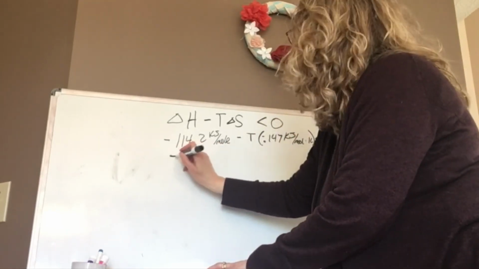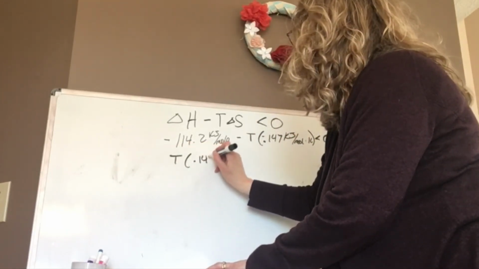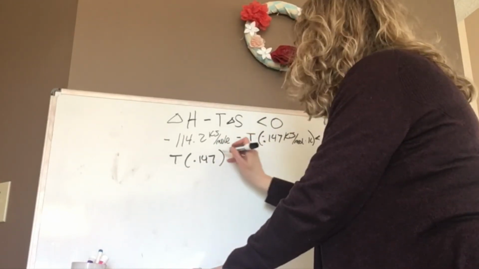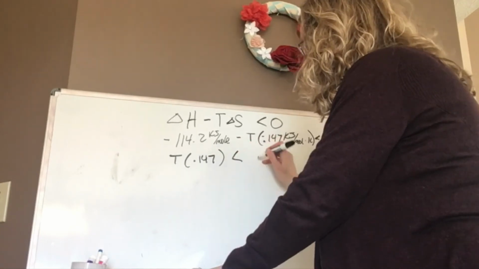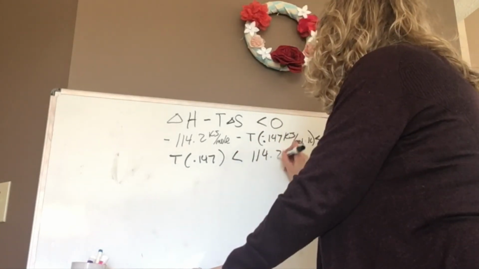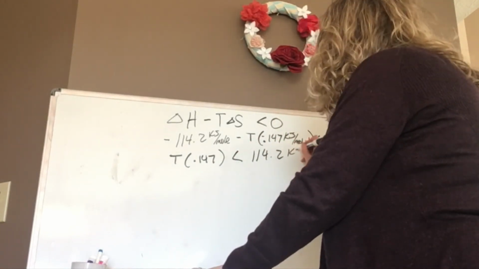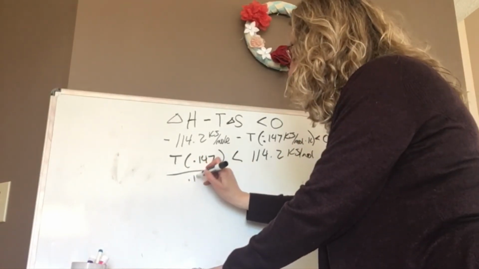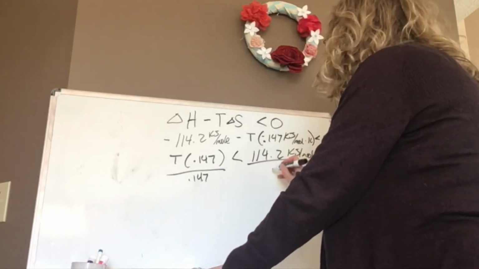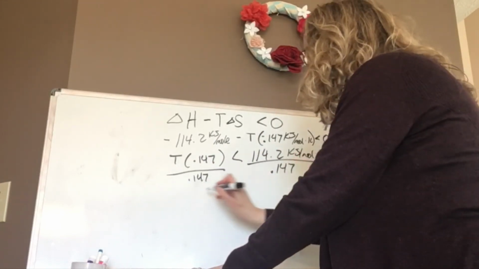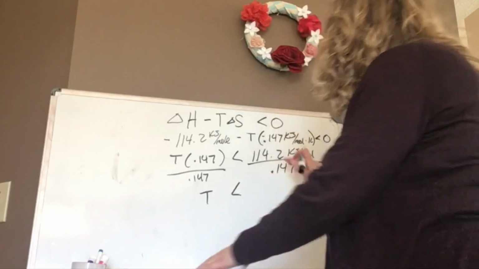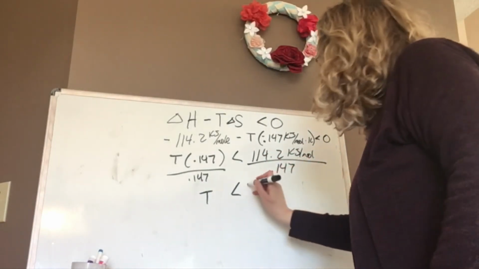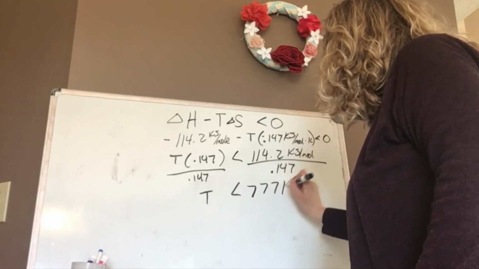T times 0.147 kilojoules per mole is less than 114.2 kilojoules per mole. So I'm going to divide by 0.147. My T has to be less than 114.2 divided by 0.147, so that's going to be 770 K.